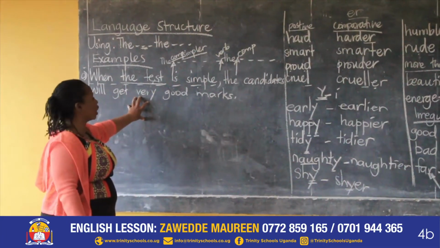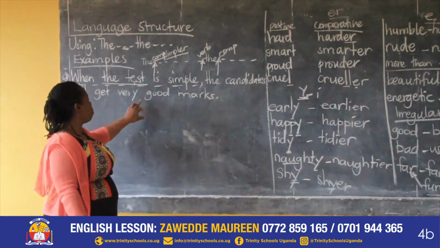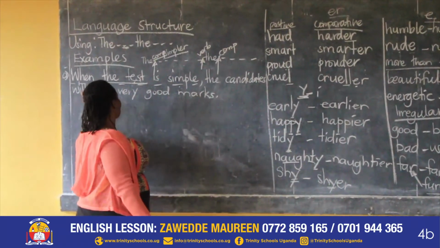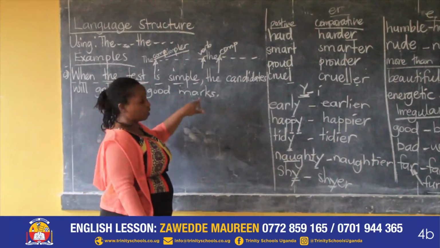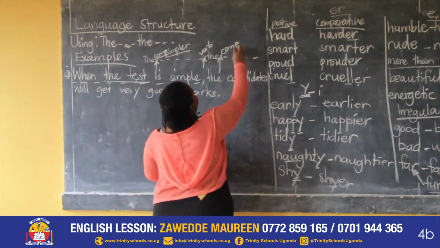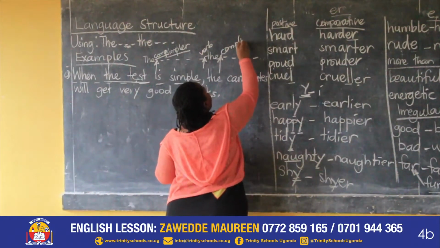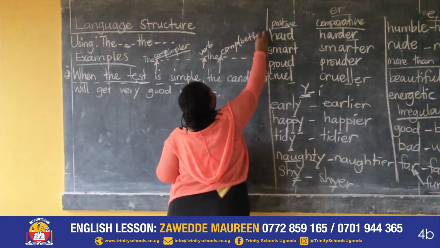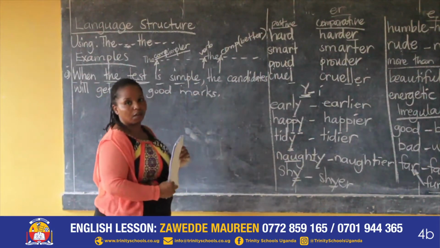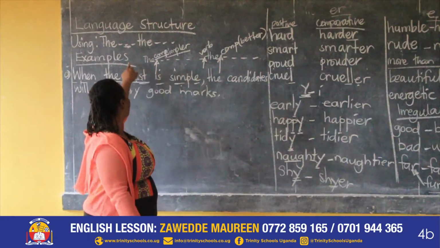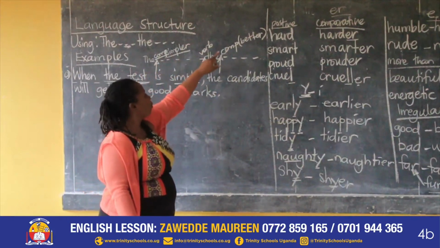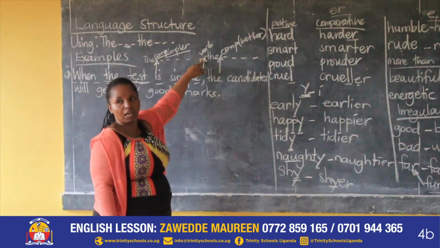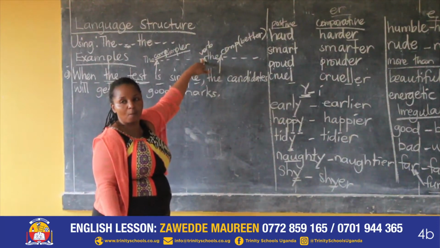And we go to the next sentence. The candidates will get very good marks. What is being described? Marks are described with good, and the comparative of good is better. We are plotting the interests of the setter: we have simpler, we have better. But the setter says he needs a verb here.